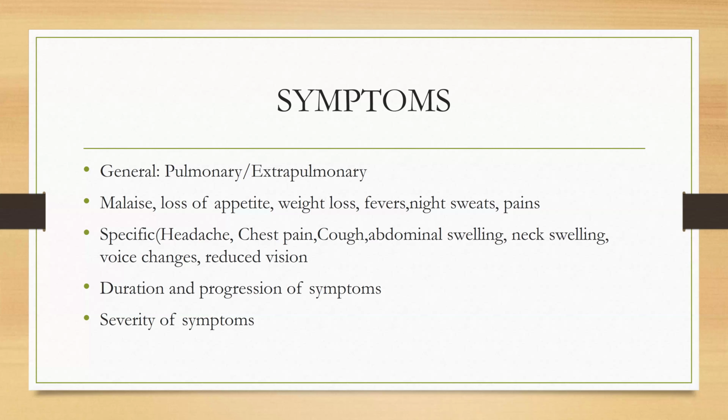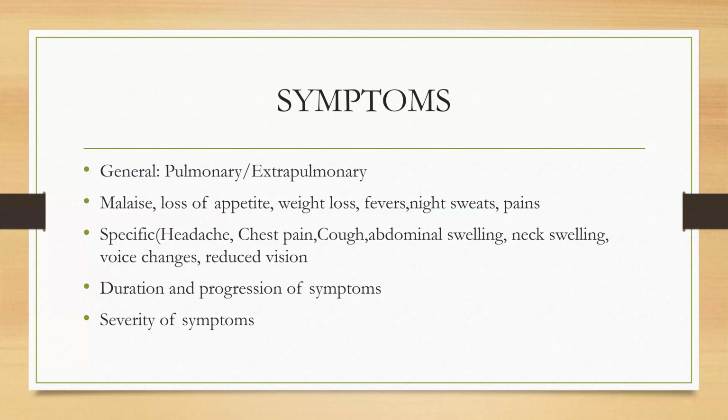Or they may complain of abdominal swelling, abdominal pain, neck swelling, and voice changes. A patient may come with voice changes. Maybe you think very quickly, this is an ENT problem. The patient may be middle-aged, he is a smoker, and you start thinking in the direction of carcinoma of the larynx, but it could still be TB.